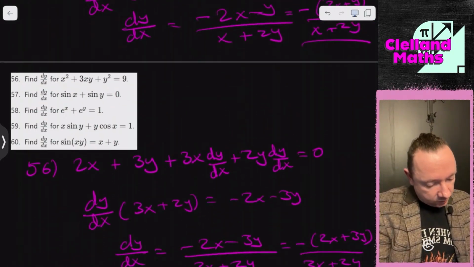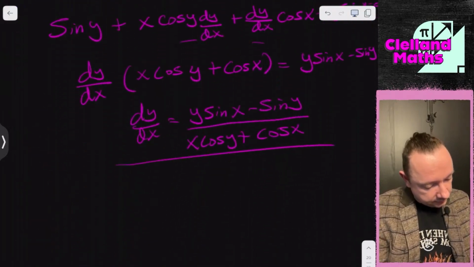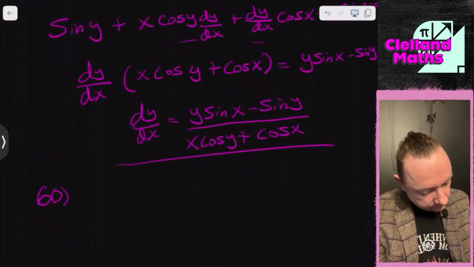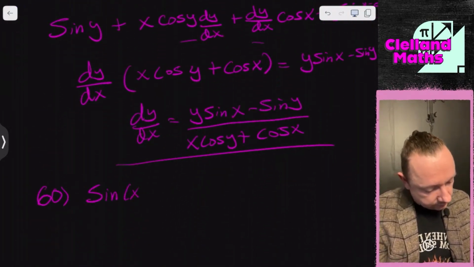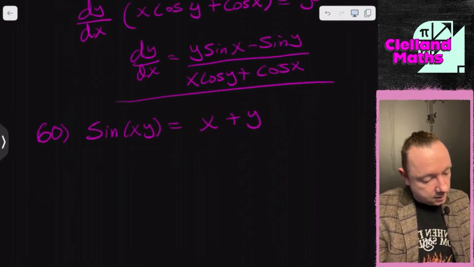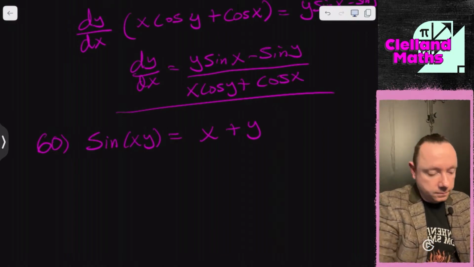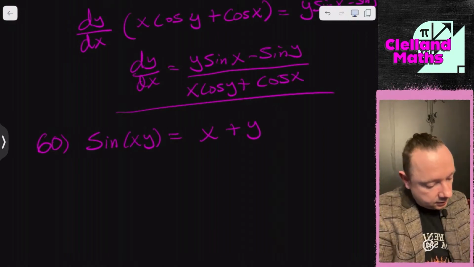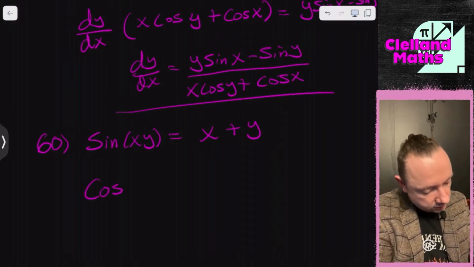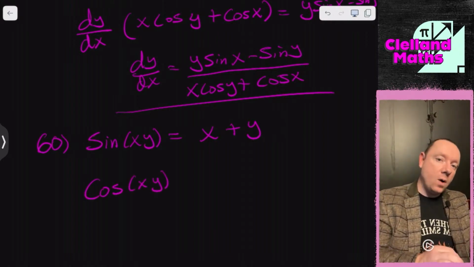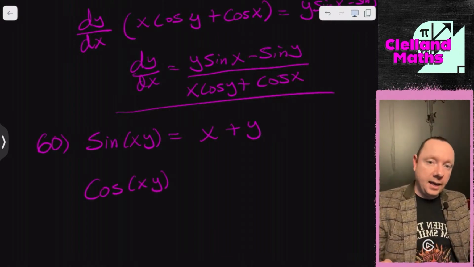X sine xy equals x plus y. Wow. Sine becomes cos. And then we need to differentiate the xy with respect to x.